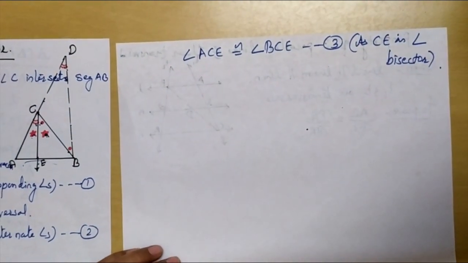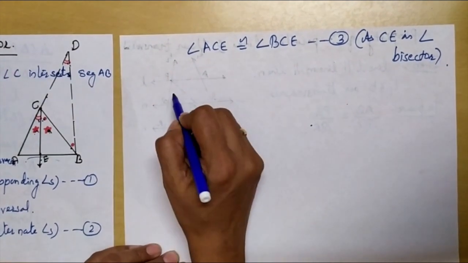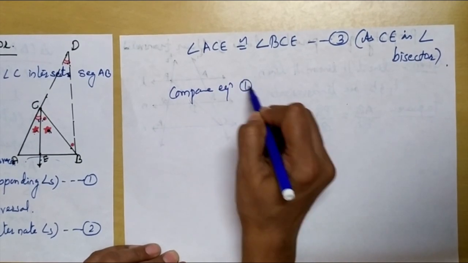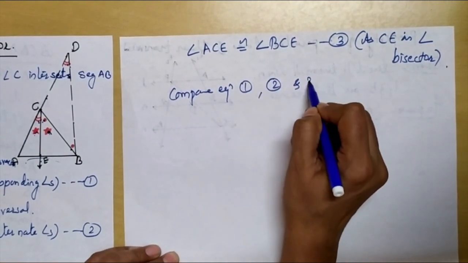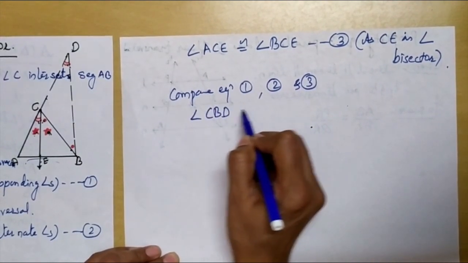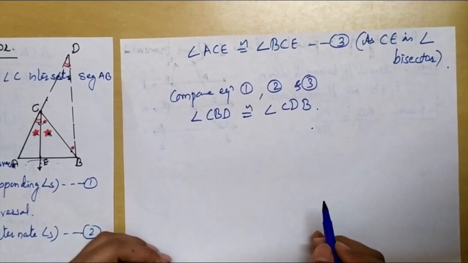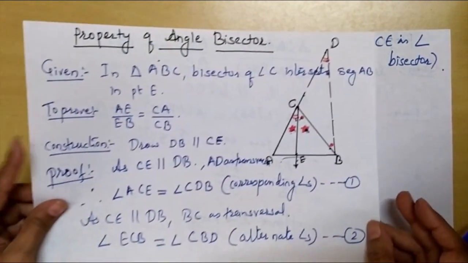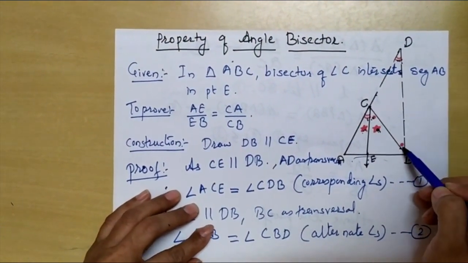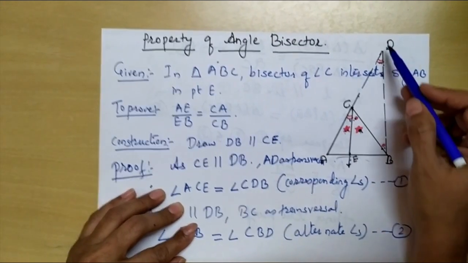Now if we compare equations 1, 2 and 3, we get angle CBD congruent to angle CDB. That means we get these two base angles to be congruent.